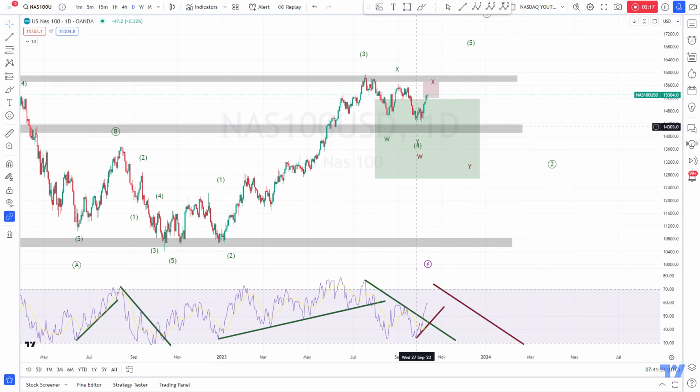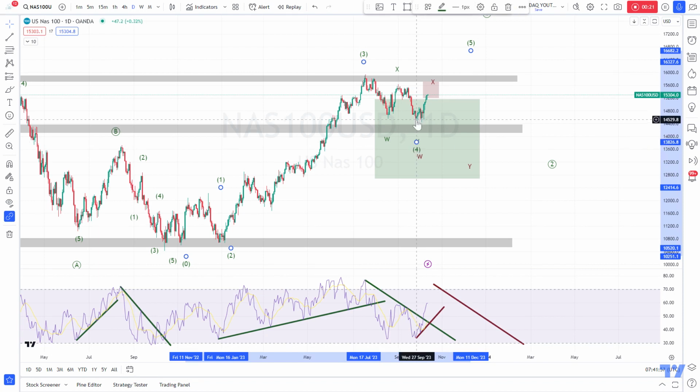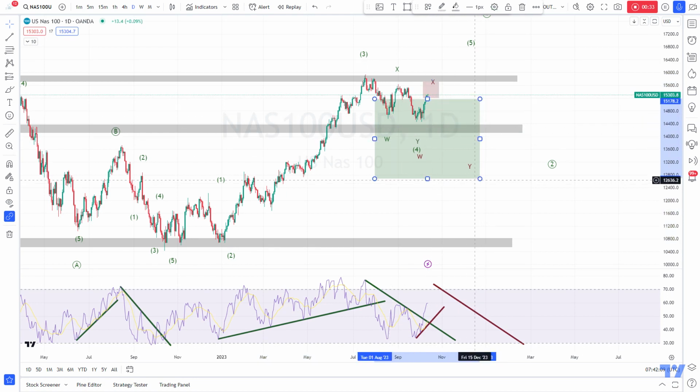A scenario where the wave 4 low is in right here after the WXY correction. And there is also a possibility that we do an additional corrective move. As you can see, this is the wave 4 area, quite a big area.